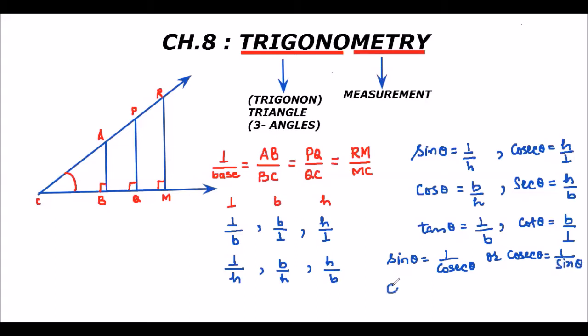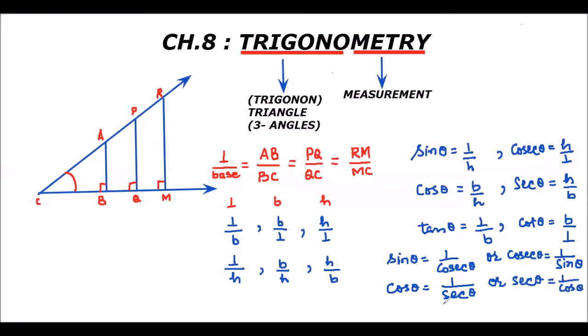Then cos theta is equal to 1 upon sec theta, or sec theta is equal to 1 upon cos theta.